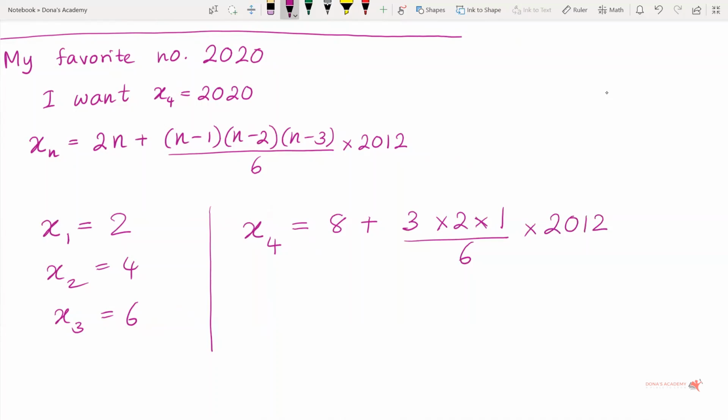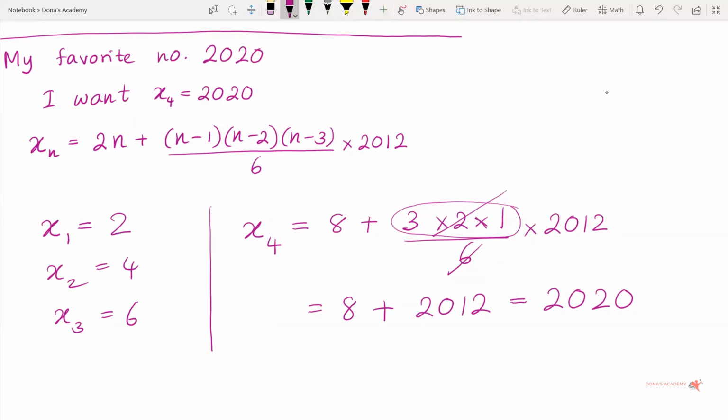All right, this top is 3 times 2 times 1, which is 6. So I can cancel these two. And the rest is 8 plus 2012. What is this? 2020. I get 2024 for x4. So I get what I wanted with this formula.